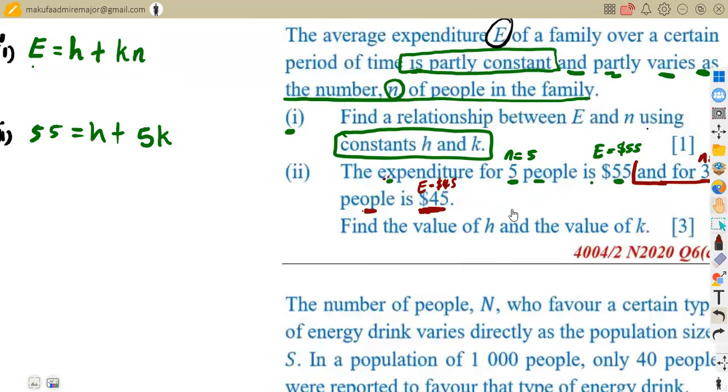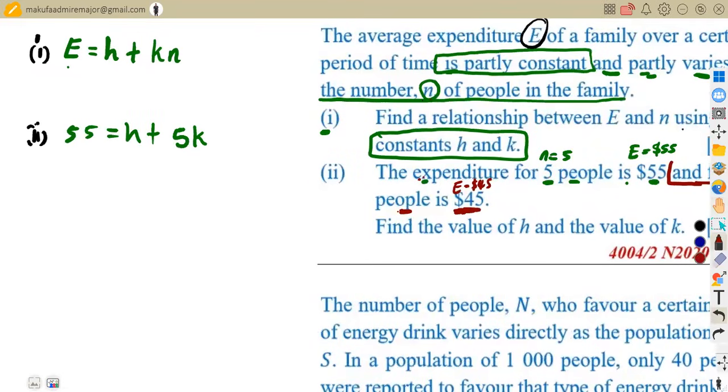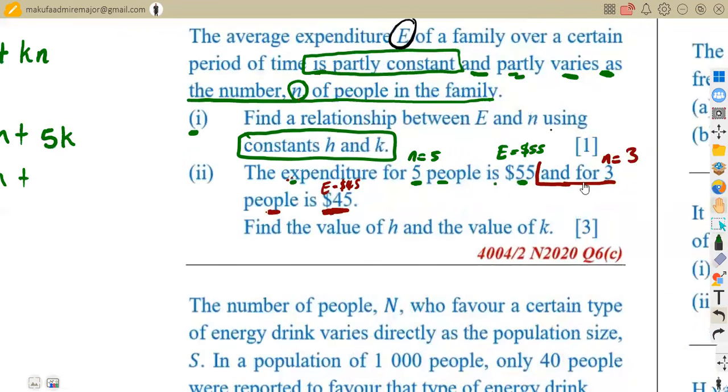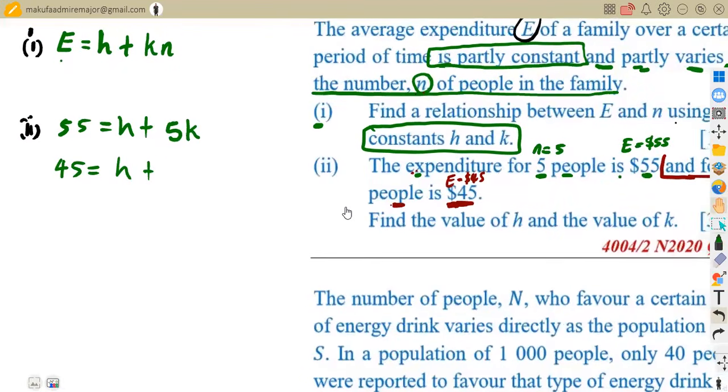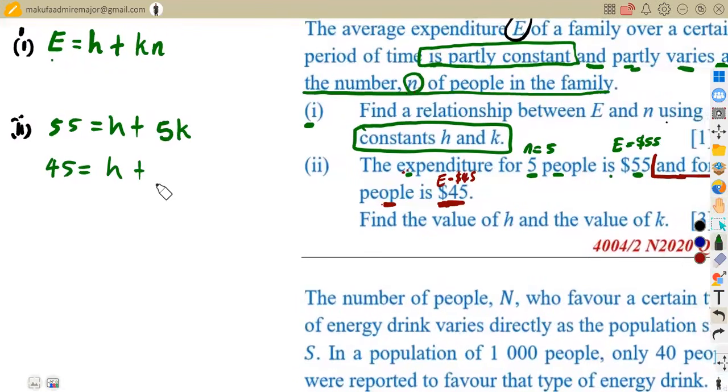We substitute again: 45 is equal to H plus K times N, where the number of people is 3 this time. So it's going to be 3K.